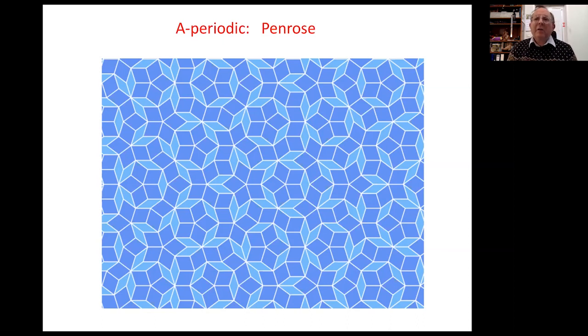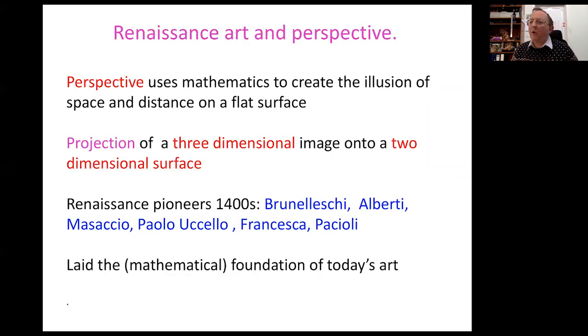Okay, well, let's move on a little bit further from the Arabic art into the Renaissance, where math made a humongous difference, and that is in the business of perspective. Perspective is basically the use of mathematics in art to create the illusion of space and distance on a flat surface.